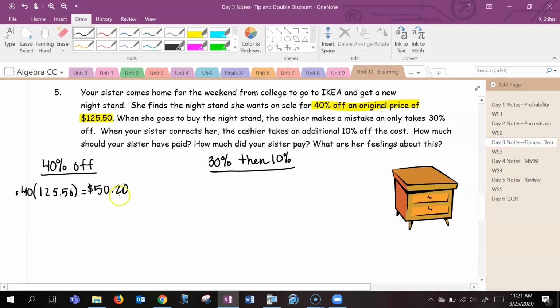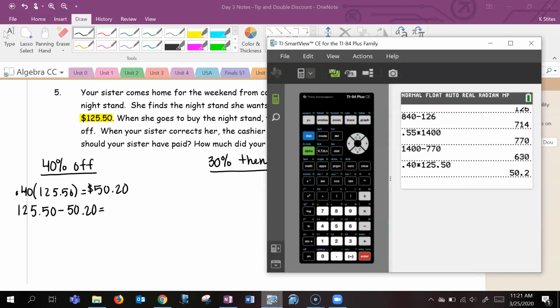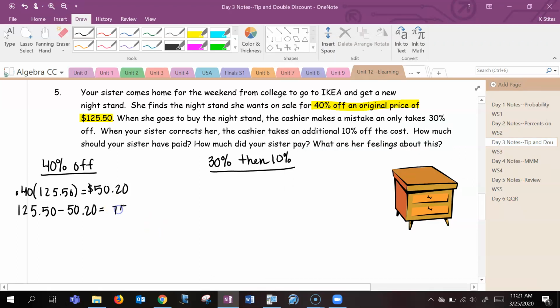Okay, and that again is your discount. So we'll subtract that off of the $125.50. $75.30. All right, so this is what your sister should have paid. This is what it really was, 40% off. Should have paid. But that's not what happened.